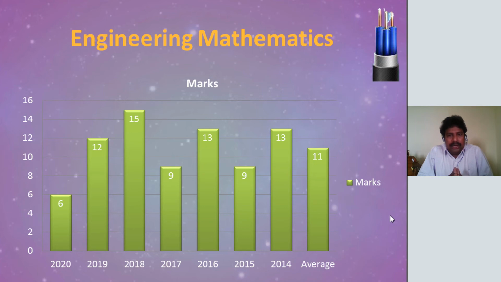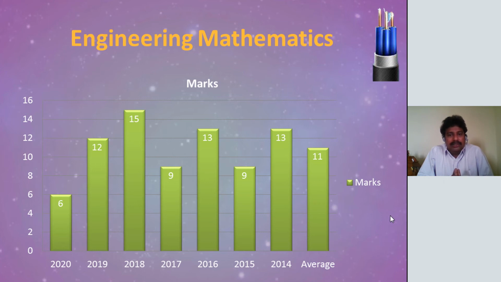In 2014, in mathematics the student was asked for 13 marks, in 2015, 9 marks, in 2016, 13 marks, 2017, 9 marks, 2018, 15 marks, 2019, 12 marks. In 2020, only 6 marks of weightage came from mathematics.